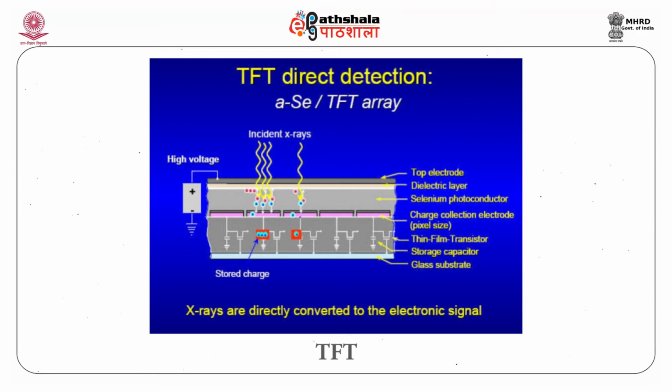After that, we have the charge collection electrode, and it has very small pixels, and that's why it determines the pixel size. After that, we have the thin film transistor, which also has a small storage capacitor. Everything is deposited on a glass substrate. So that's a cross section of a direct flat panel detector.